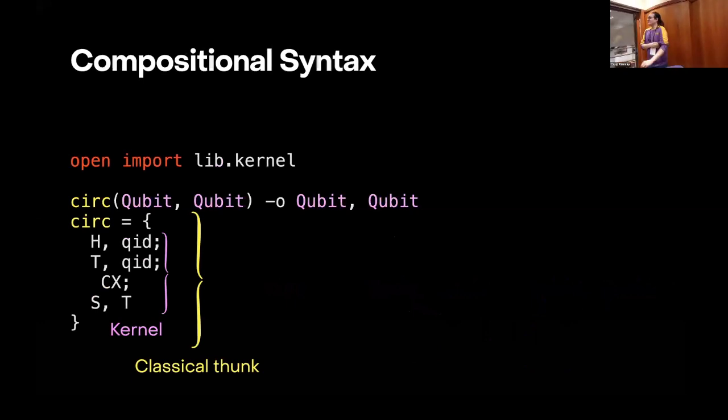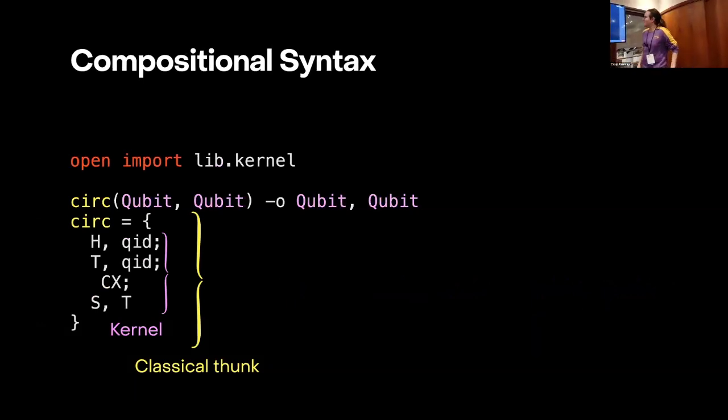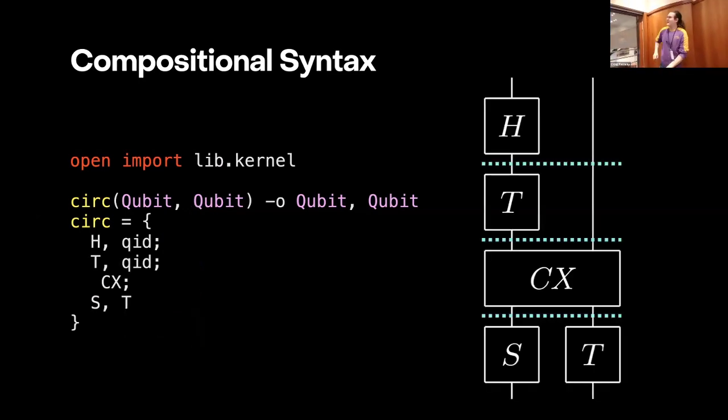So this is repeated here in the definition, where we're writing the classical thunk, and it goes between curly braces, and then inside we have our quantum circuit, and we're just applying a bunch of gates, which looks a lot like a rotated version of what we had in the previous circuit diagram. We have qubits coming in the top, and then we're applying a bunch of gates, single and 2 qubit gates.